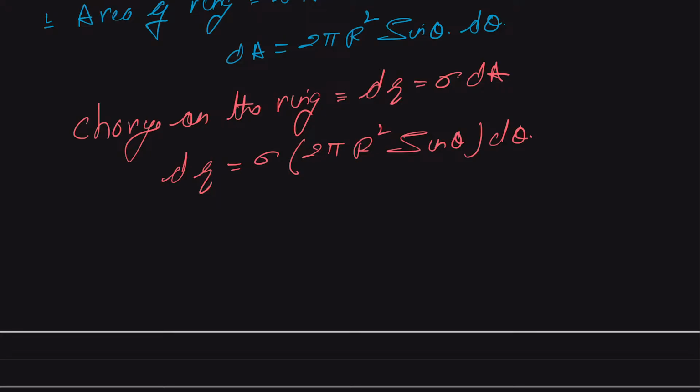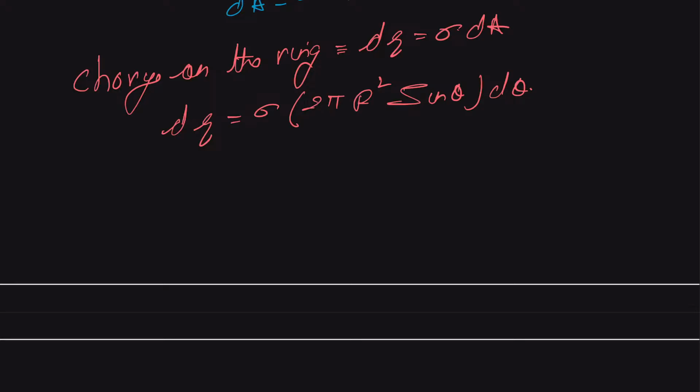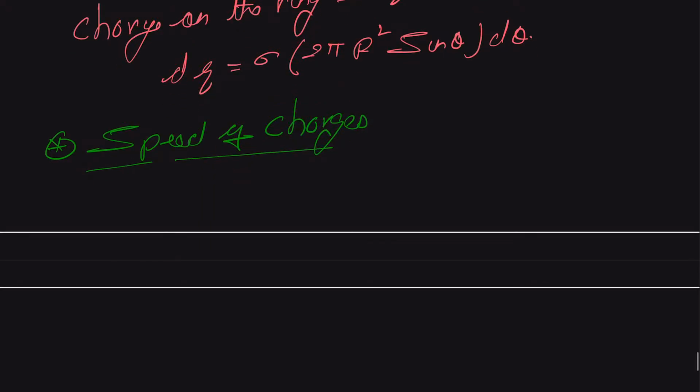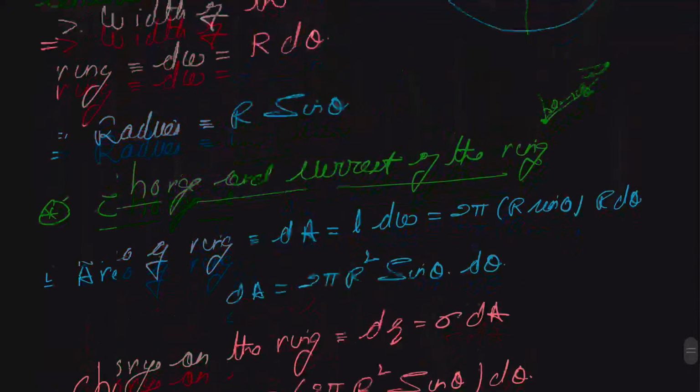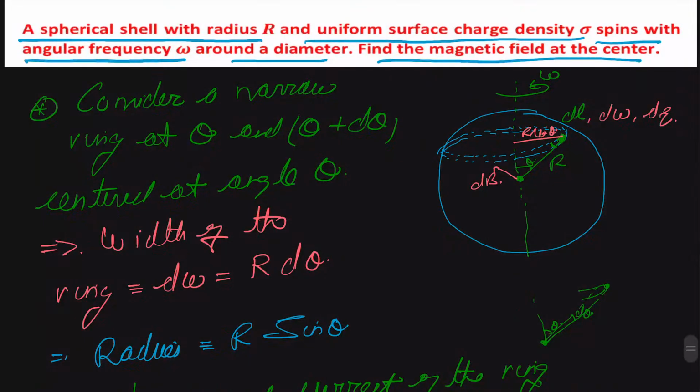Therefore, the speed of charges: like we said, it is rotating with angular speed omega, and the polar angle is given to us as theta.